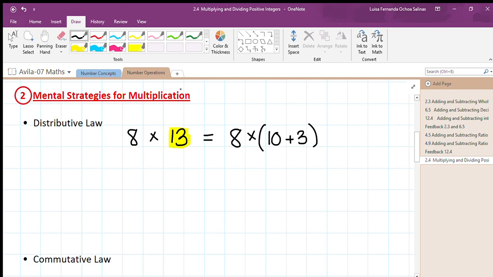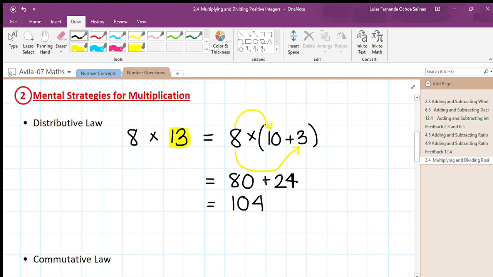Then I said I'm going to multiply this 8 by the 10, and I'm going to multiply this 8 by the 3. So what is happening here? I'm going to use 80 plus 24, and that's going to be equal to 104. As I said, this is only a write-up of what was happening in my head.